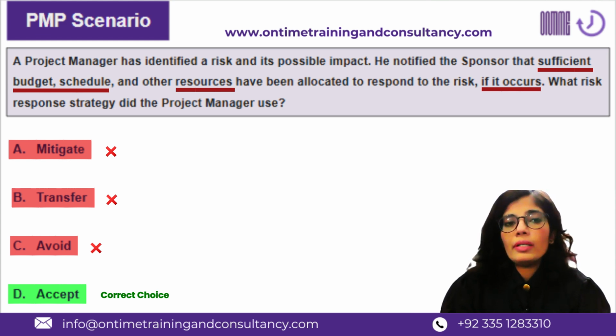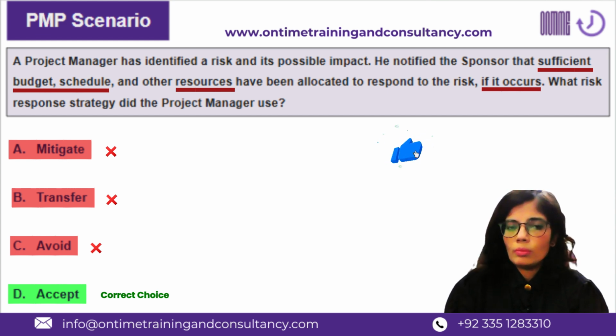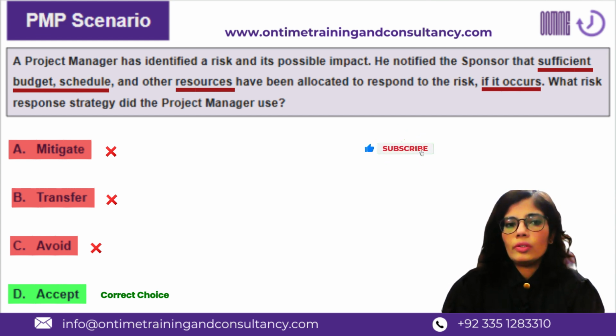So this is accept, and accept has two types as well: active acceptance and passive acceptance. In passive acceptance, you are just accepting the risk without any owner, without any response plan or any kind of management. You are just qualifying the risk in the risk register and sitting on it, waiting and watching, not doing anything active. Then there is active acceptance, which is what the scenario is about.